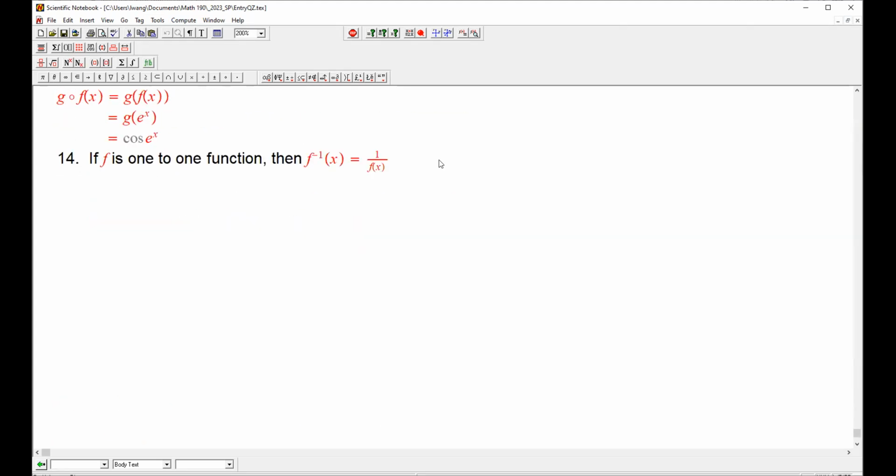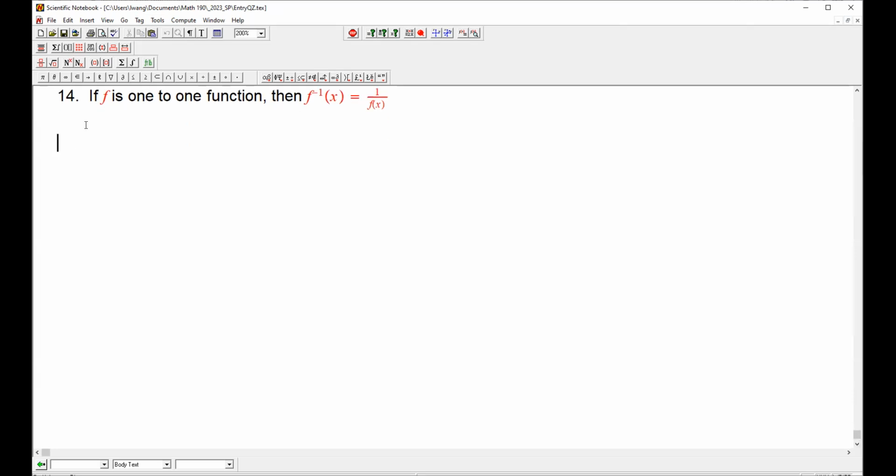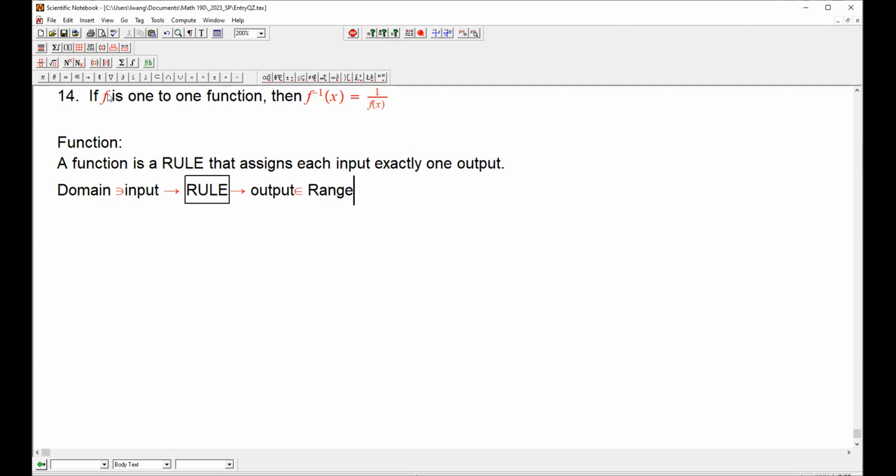If it's not even a function, we don't even talk about one-to-one functions. So f is a one-to-one function, and there are additional requirements. What are the additional requirements?